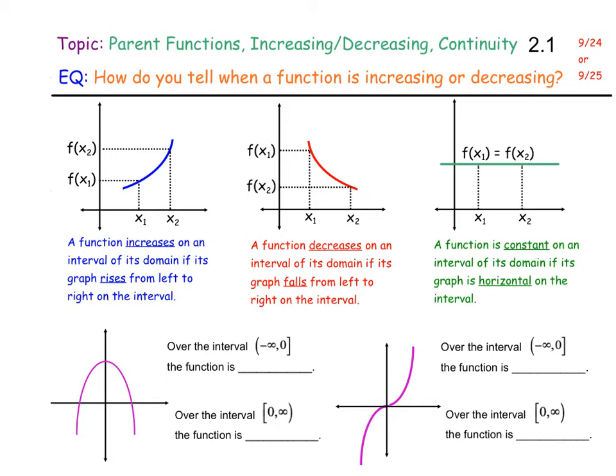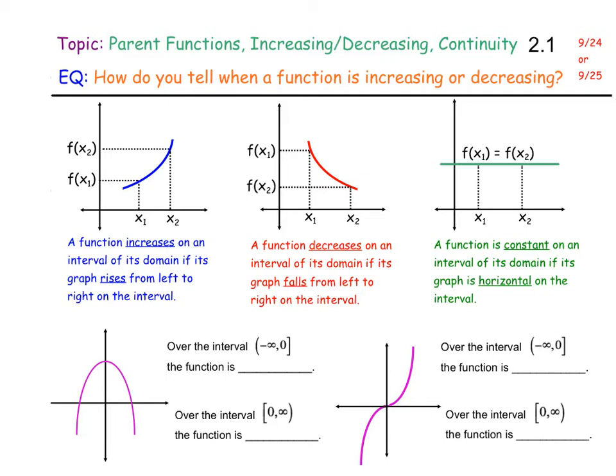So today's lesson, as we start off chapter 2, is about parent functions. We're going to start off talking about increasing, decreasing, and then something later called continuity. The continuity and the increasing, decreasing thing all deal with domain, and so using the parentheses and the brackets and infinities and whatnot.